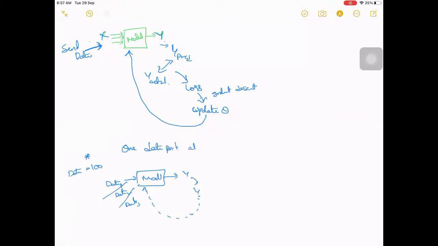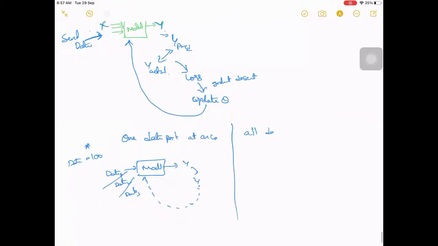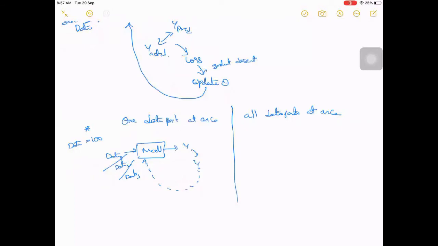Or you can send all data points at once. If you have 100 examples, you send all 100 at a time and calculate the prediction, then from the prediction you calculate the loss and update.